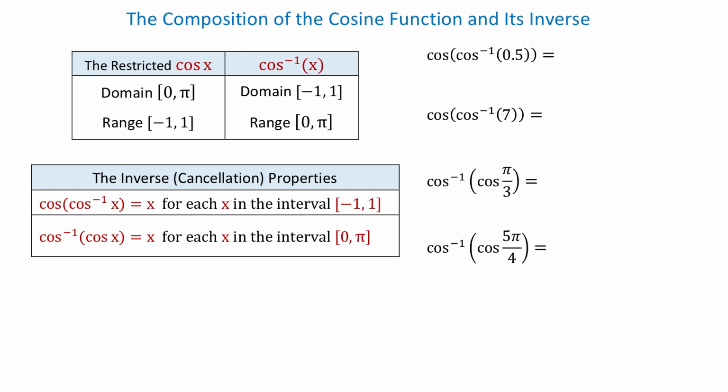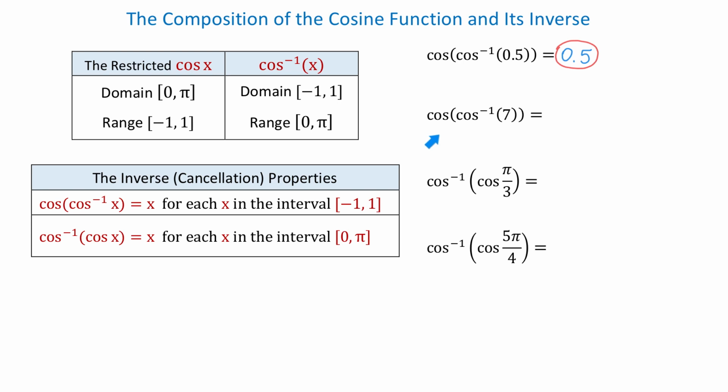And yes, 0.5 is in this interval. Then, according to this property, whatever value of x we have here, the same will be the result. Then we can say that cosine of inverse cosine of 0.5 is 0.5.